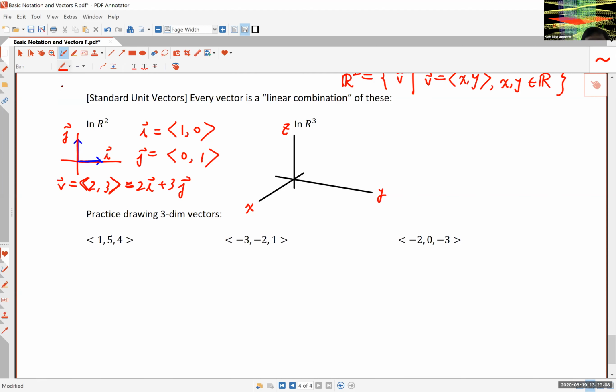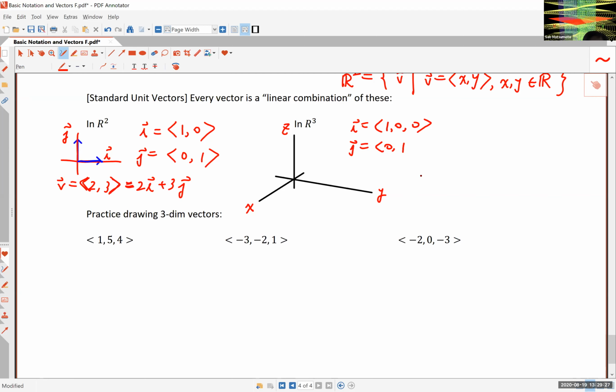Anyway, in this space, we have the three standard unit vectors. i is 1, 0, 0, of course. j is 0, 1, 0. And k is 0, 0, 1.